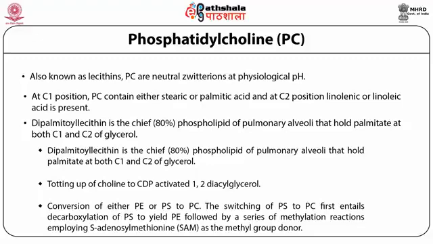The switching of phosphatidylserine to phosphatidylcholine first entails a decarboxylation reaction of phosphatidylserine to yield phosphatidylethanolamine, followed by a series of methylation reactions employing S-adenosylmethionine as the methyl group donor.